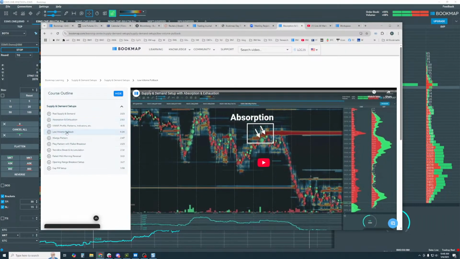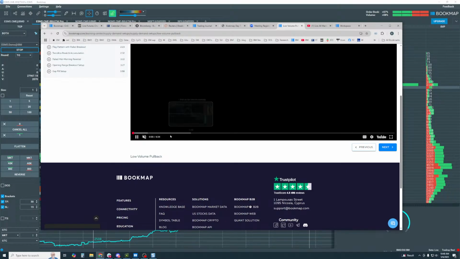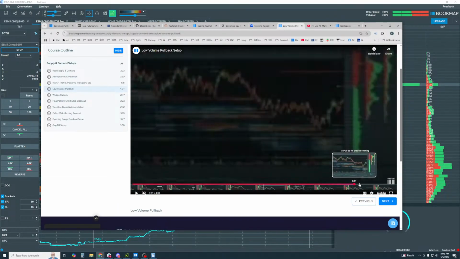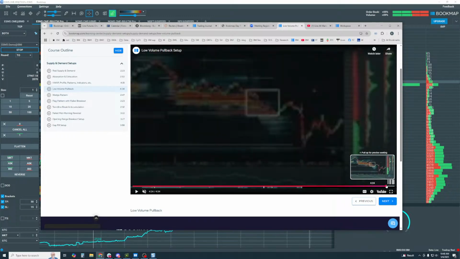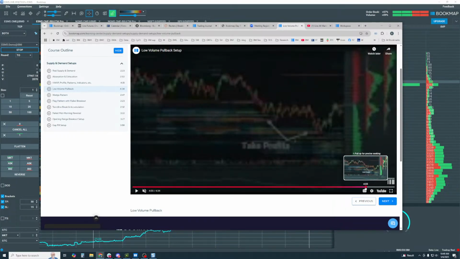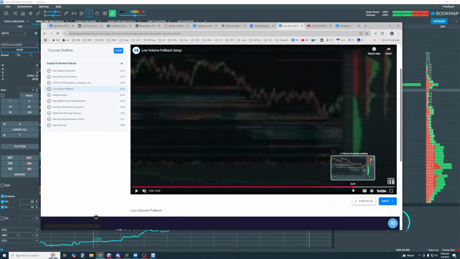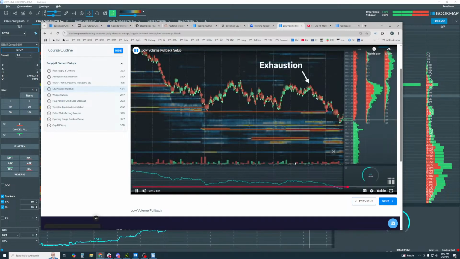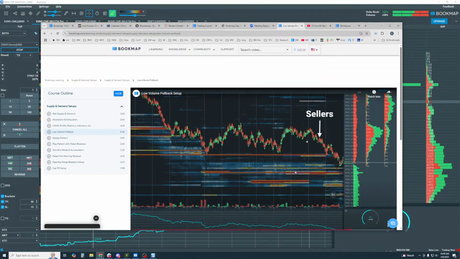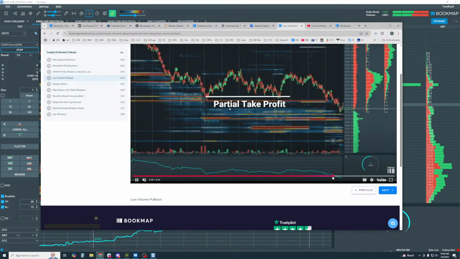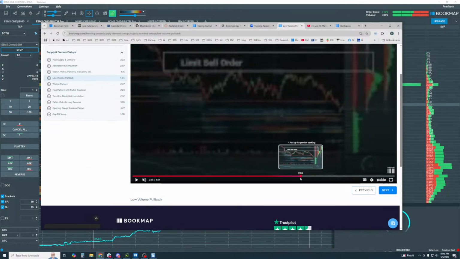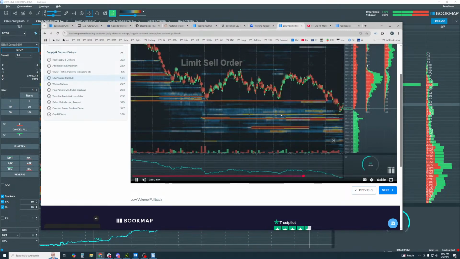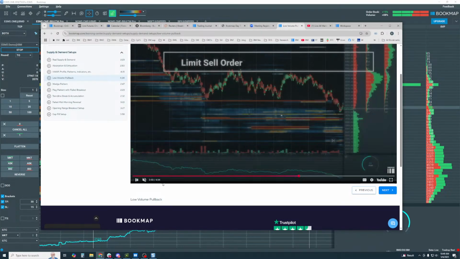So with the low volume pullback in here, the risk that we talked about in this... yeah, it's right here. So you can put your limit sell in here. Like here, look at this low volume node in here. Big one.